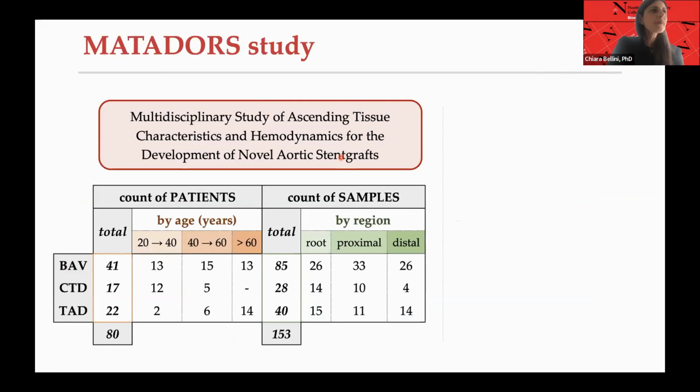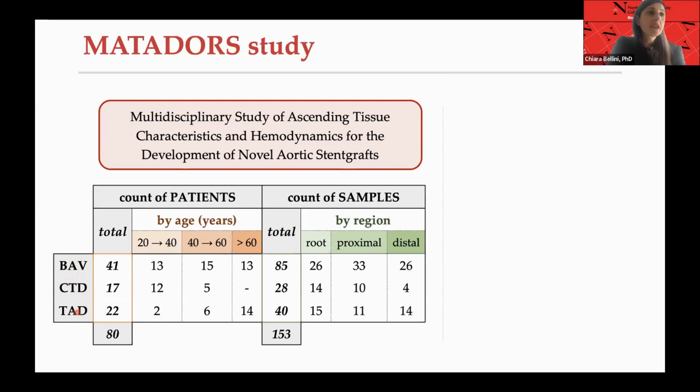At this point, we have data for 80 patients, and half of them have bicuspid aortic valve, while 17 suffer from connective tissue disorder, primarily Marfan syndrome. The remaining 22 patients have no known risk factor for ascending thoracic aortic aneurysm except for older age, and we identified them with the general term of thoracic aortic disease, or TAD.